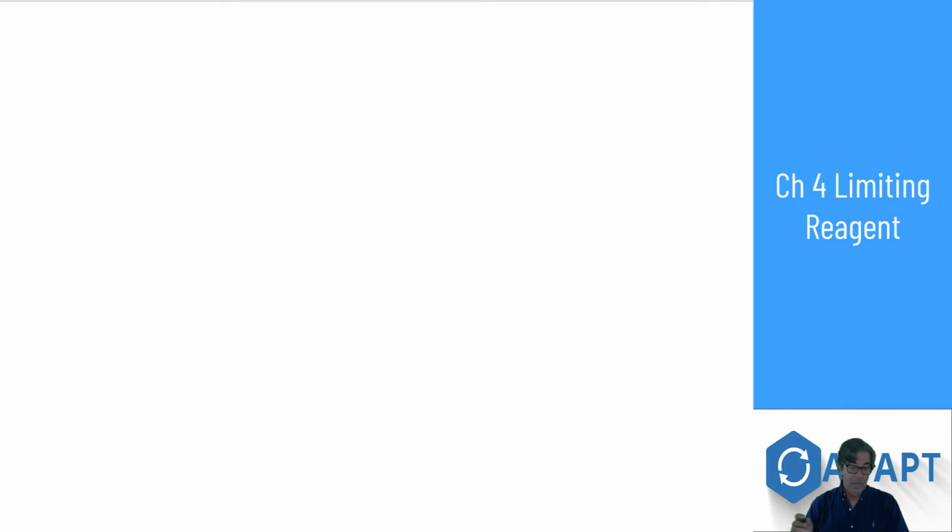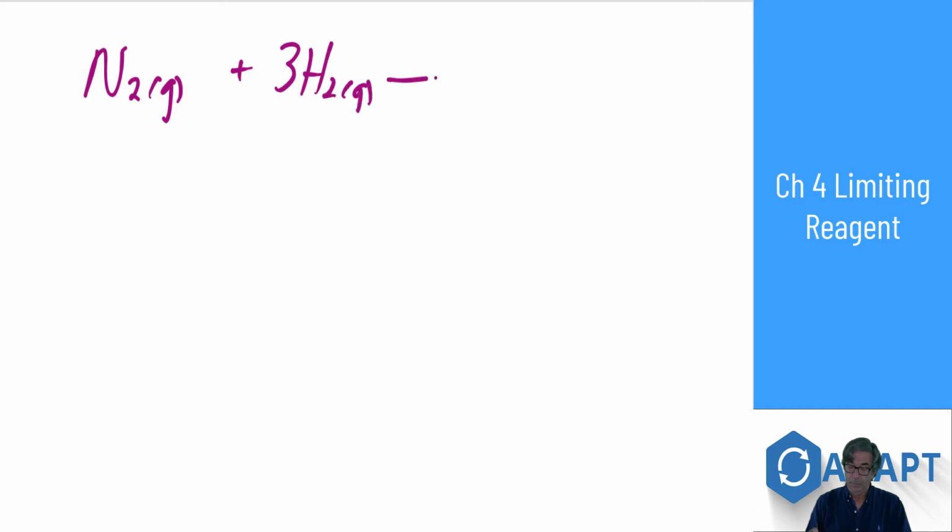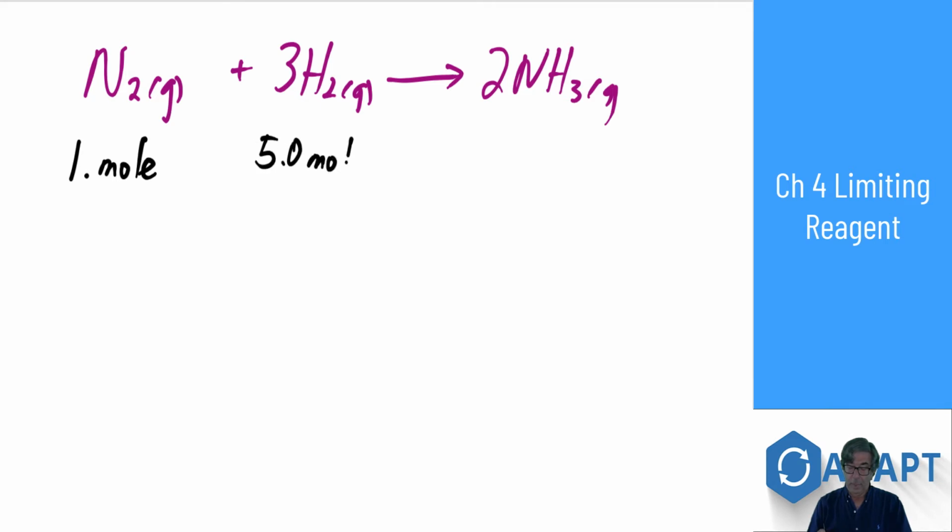So let's go ahead and look at the Haber process in which we have nitrogen reacting with hydrogen, producing ammonia. We're going to add 1 mole of nitrogen with 5 moles of hydrogen.